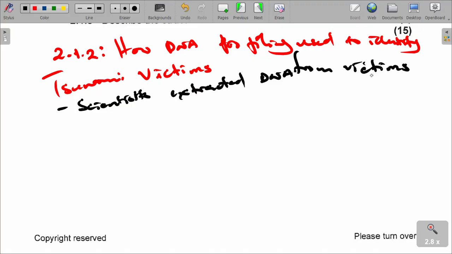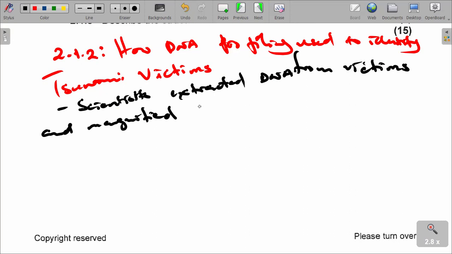They extracted DNA from victims and also magnified the short tandem repeats.